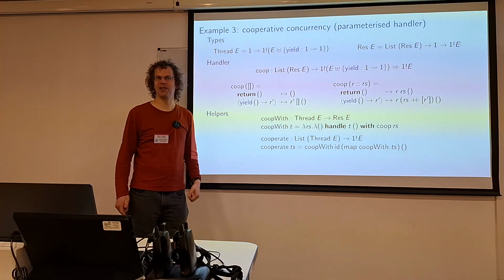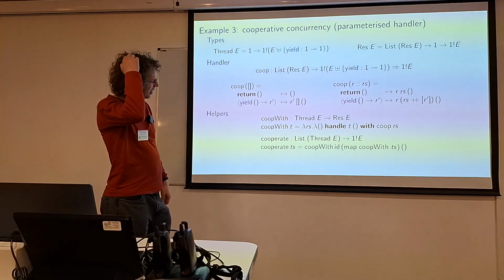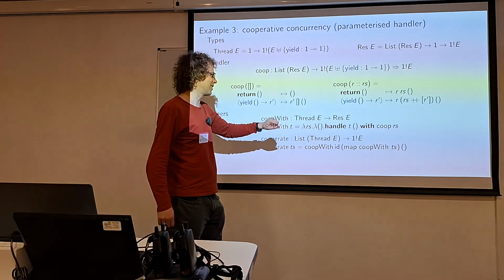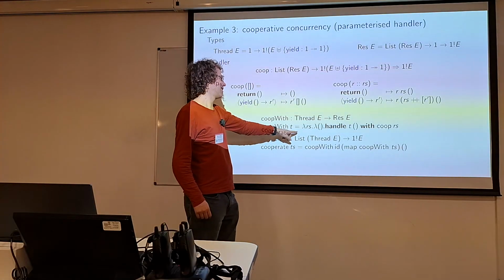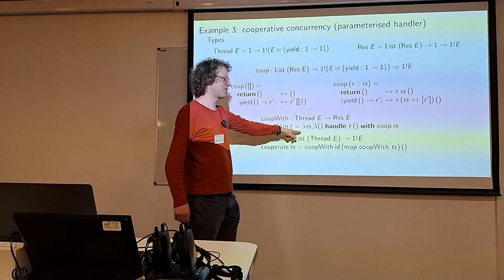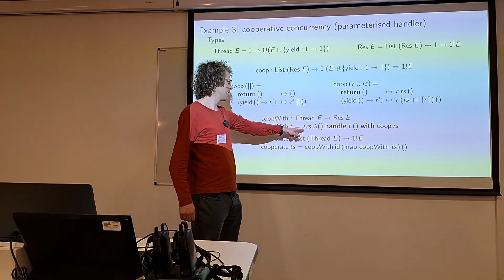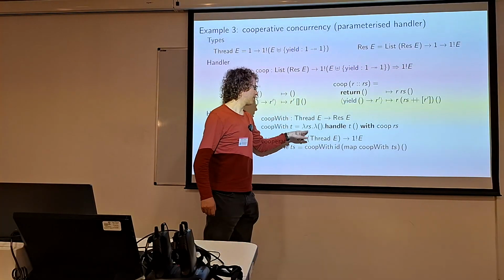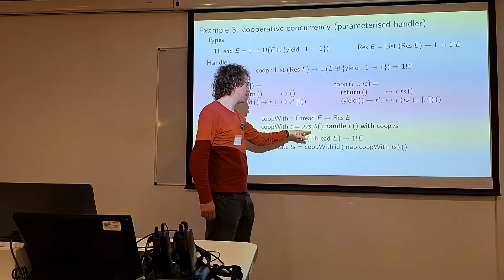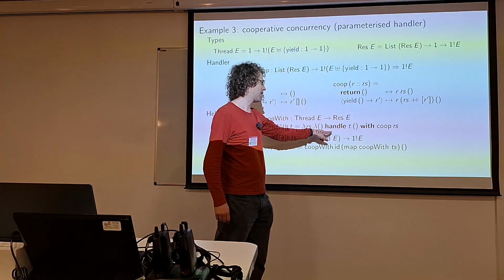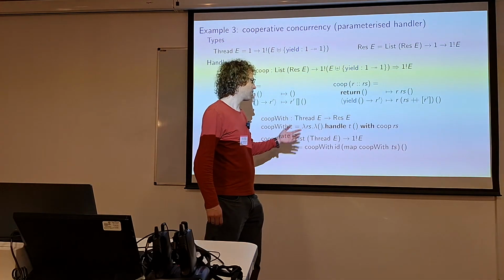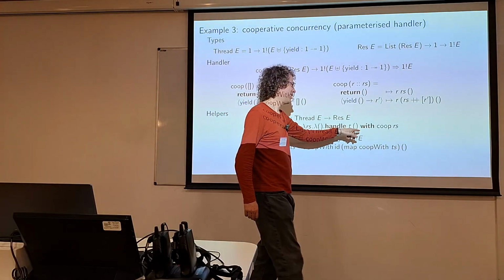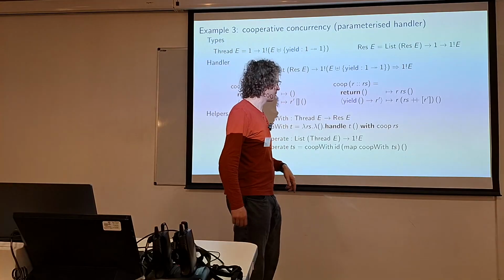So here we are really relying on having some recursion, because co-op with itself is going to use co-op. But you do more or less just follow your nose to work out what to do here. You do the only thing that you could. We want to generate something that's going to take a list of resumptions, and then produce a thunk, a thread. And what's that thread going to do? Well, we want to handle that thread with an appropriate handler. Well, and what handler do we have?